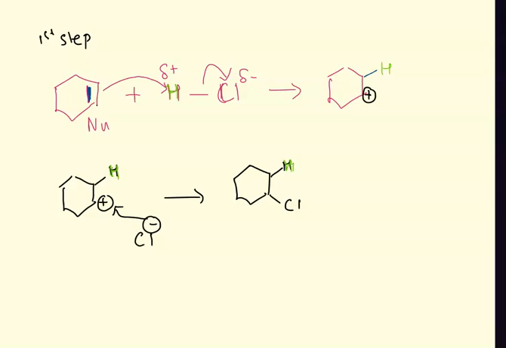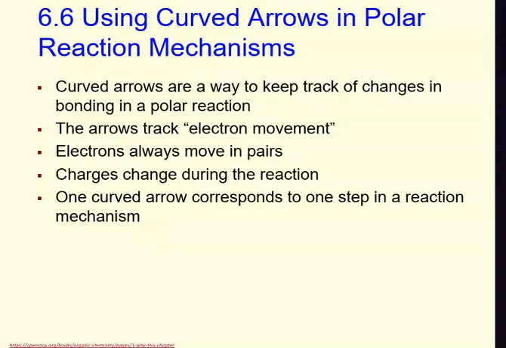Okay, so you have to really practice drawing arrow mechanisms. Practice using curved arrows in polar reaction mechanisms. Make sure that electrons always move in pairs. You cannot have single electrons move in polar reactions. That happens only in free radical reactions. And also the way the arrow is drawn is important.